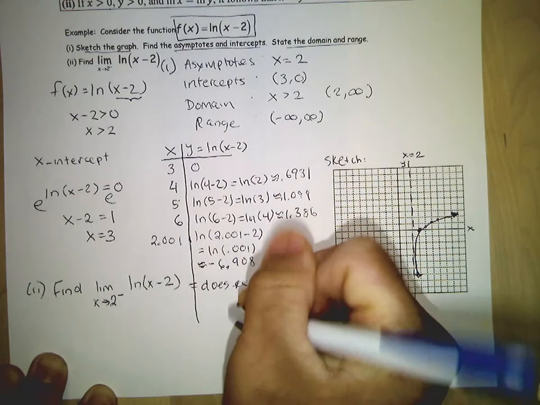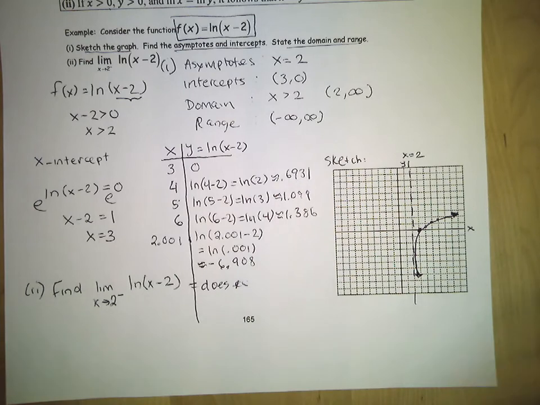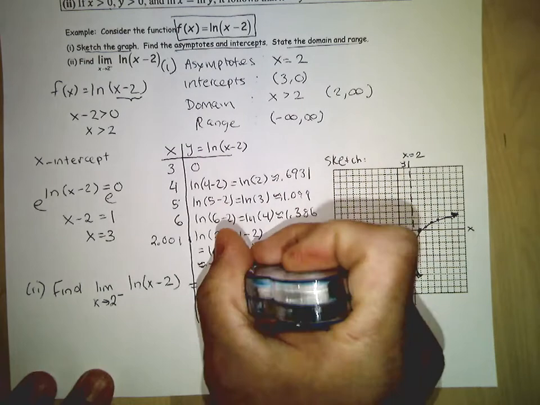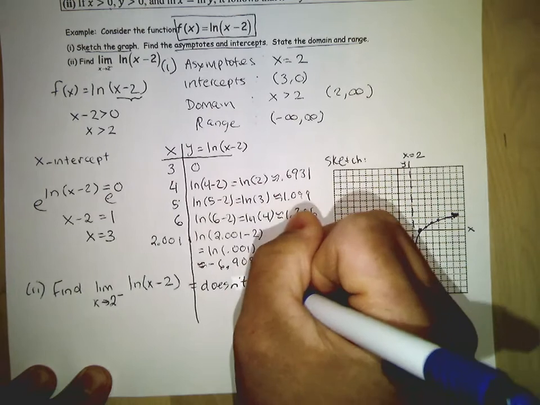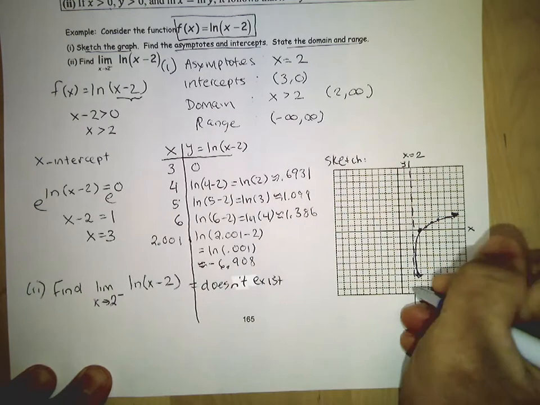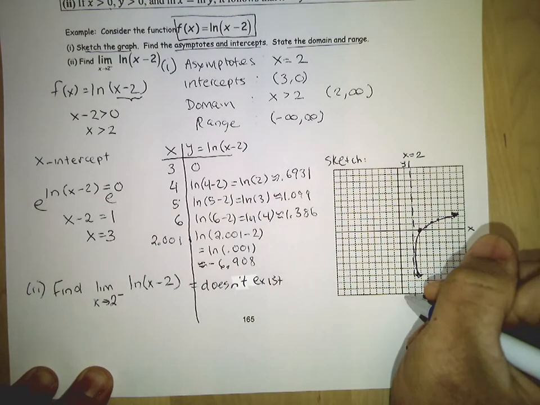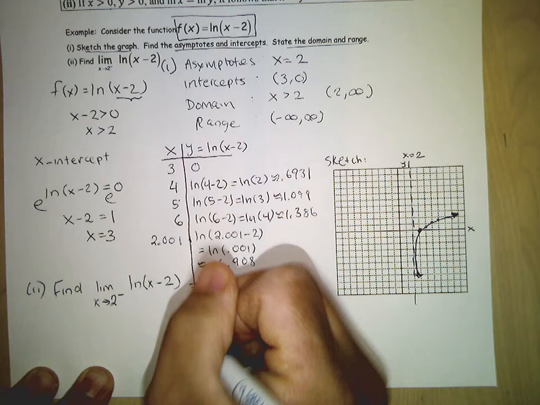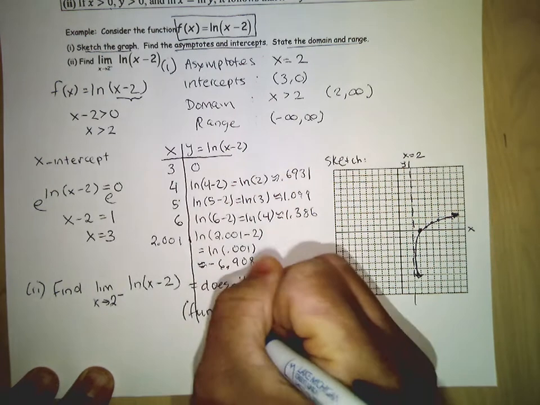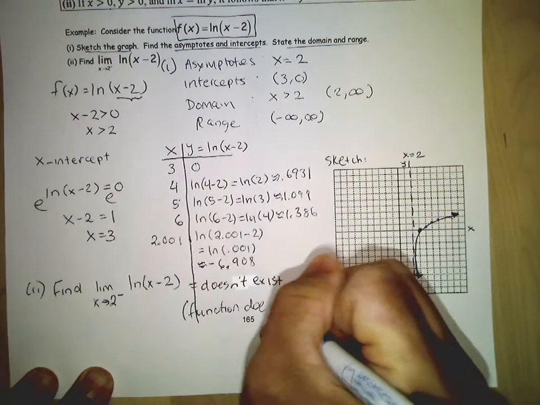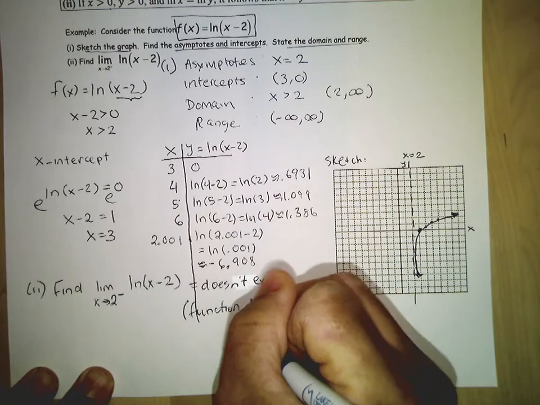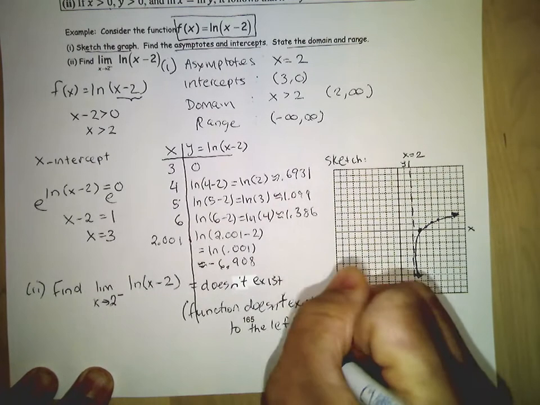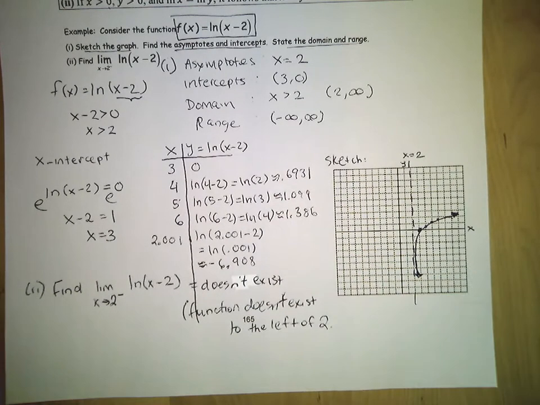So does not exist, and hopefully you can see that this doesn't exist because the function doesn't exist to the left of 2.